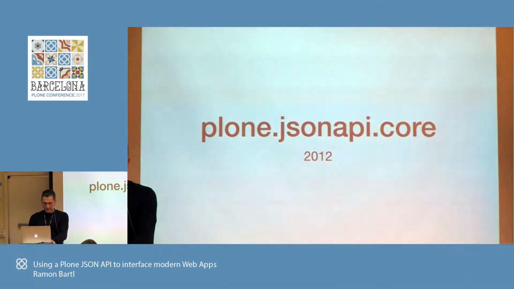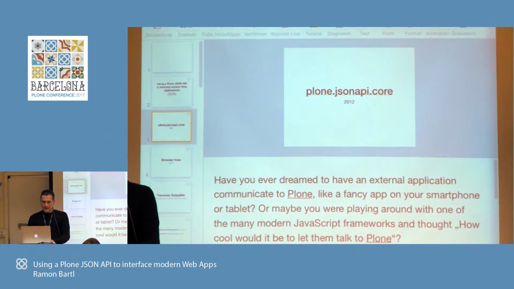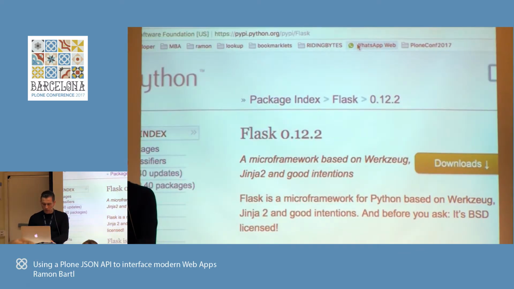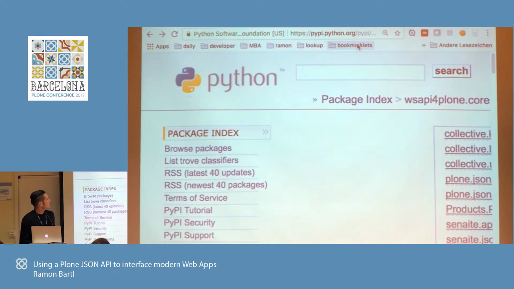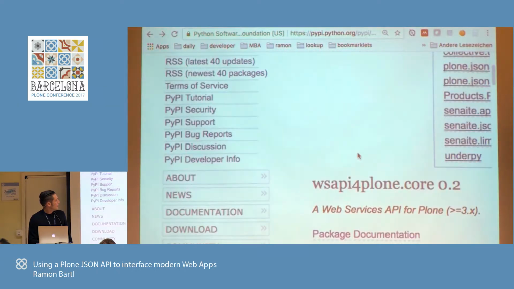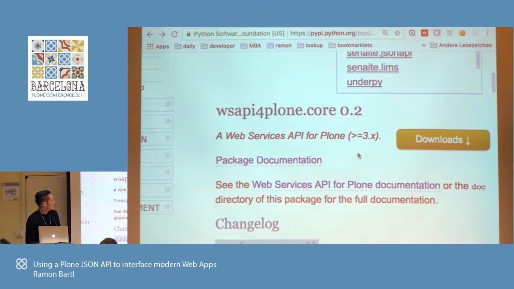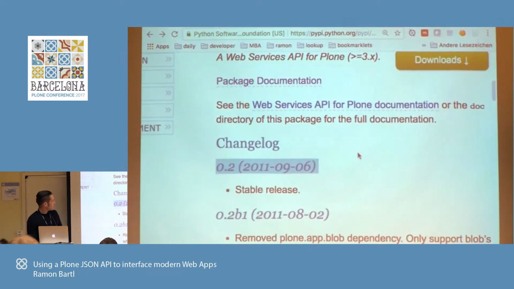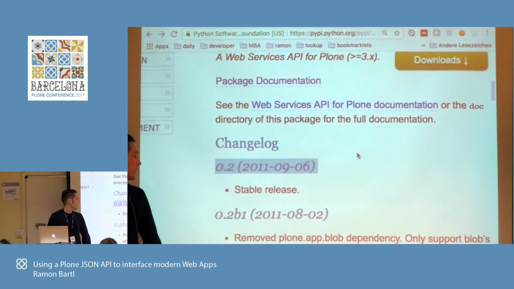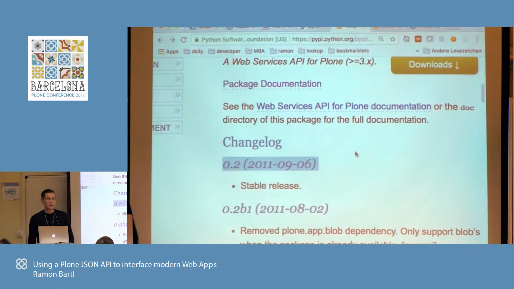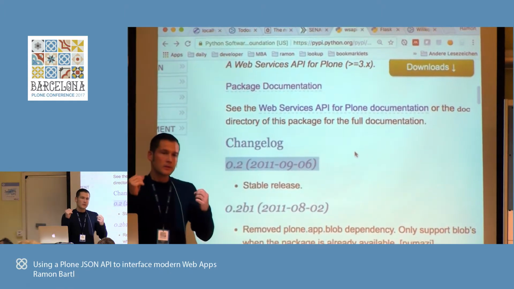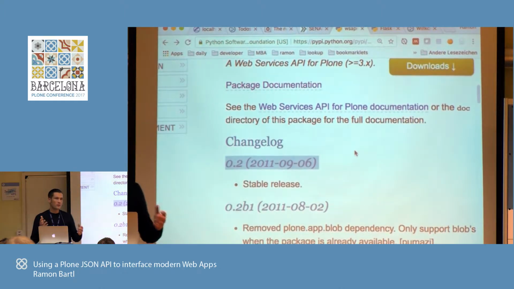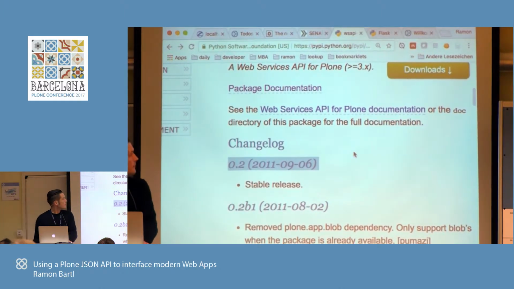There was Plone 4 out these days, and the only interface was something called the Web Services API for Plone. This was in 2011, or the end of, an XML-RPC interface. That was the only possibility to get the contents from Plone in some kind of neutral way.